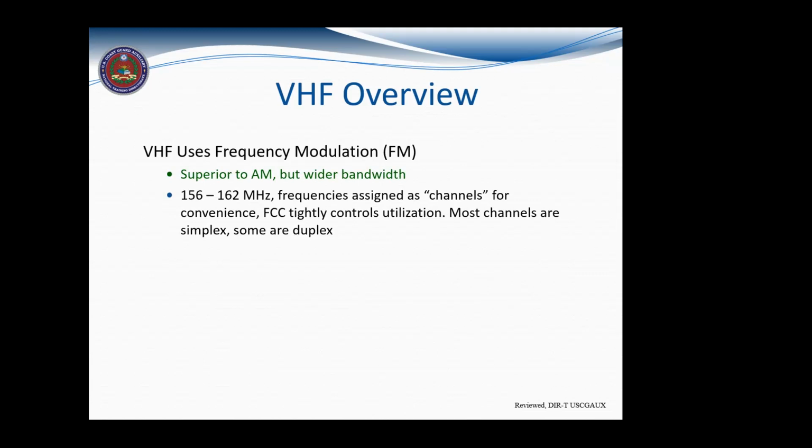In the early days, you had to purchase a crystal pair, a transmit and a receive crystal, for each channel you wanted to use. After a few years, engineers learned how to synthesize the crystal, and today you can buy radios very economically that will tune to any of the marine channels.